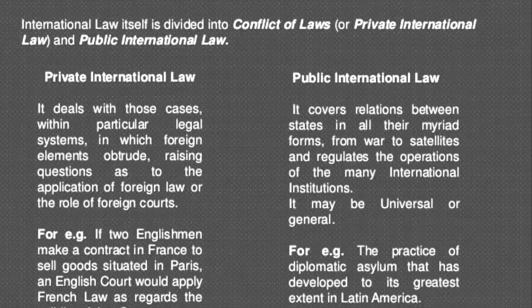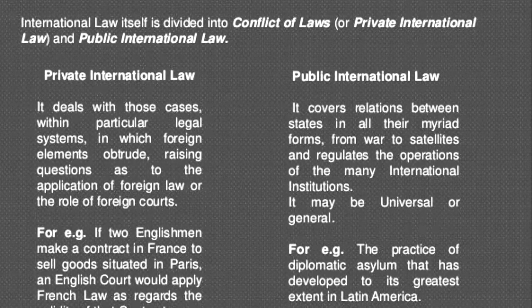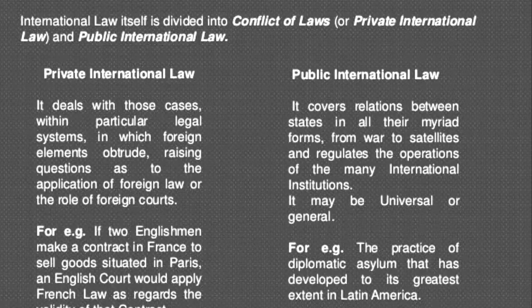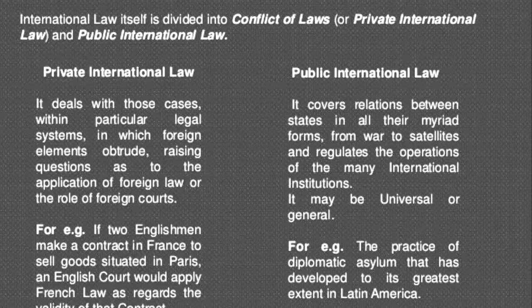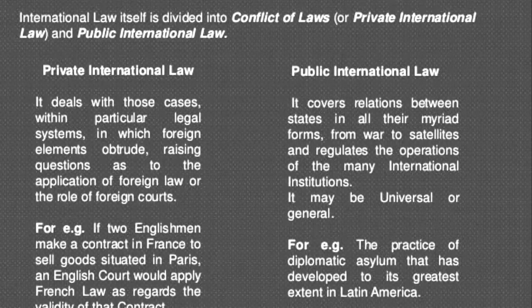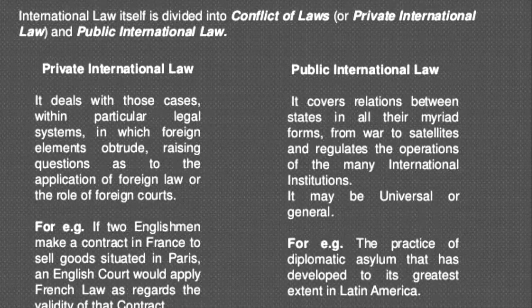Can anyone explain how the question of jurisdiction can be linked to public international law, and how public international law tries to look at the question of jurisdiction? Anyone able to recall something from the last semester?